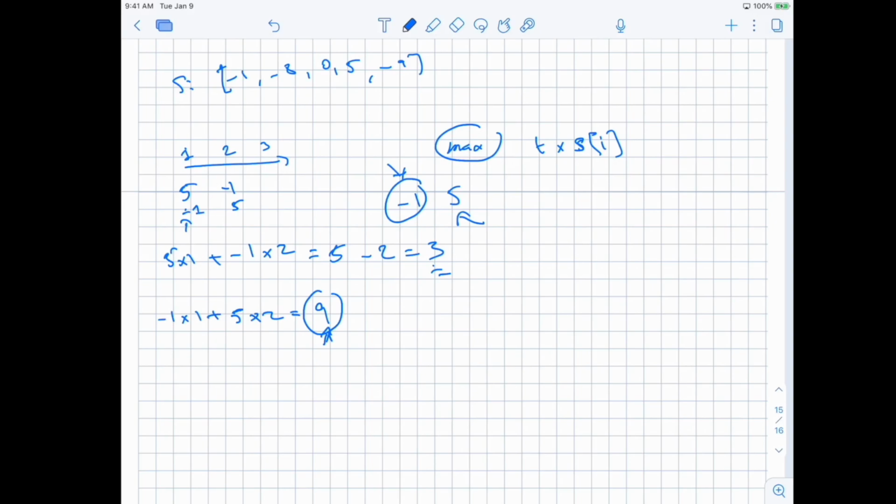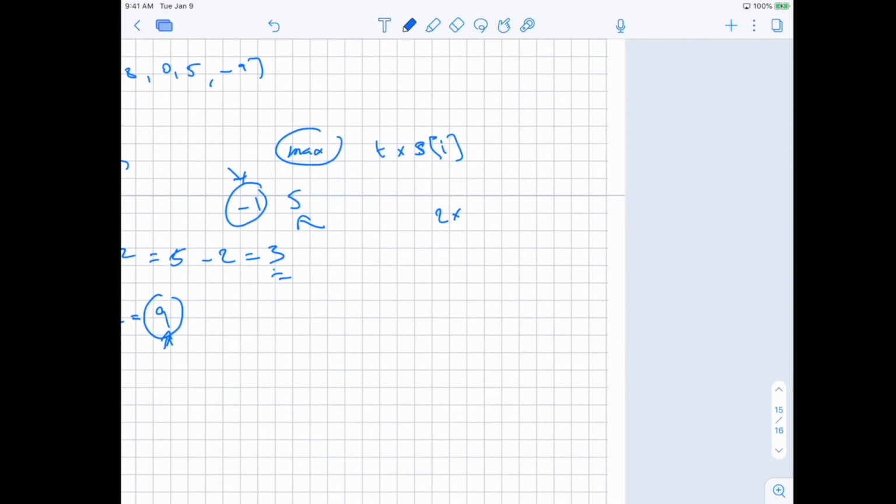Because 2 multiplied by 3 is going to be better than 2 multiplied by 1, and 2 multiplied by 5 is going to be better than 2 multiplied by 3, or than 1 multiplied by 3. So it's better to use the biggest time with the biggest satisfaction value so that you can get the biggest value possible. So that's the idea first.